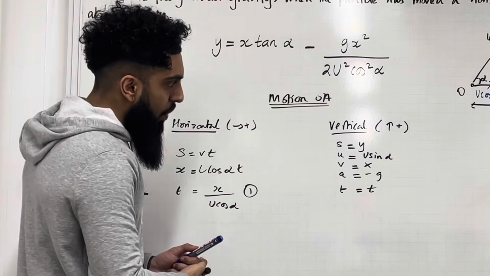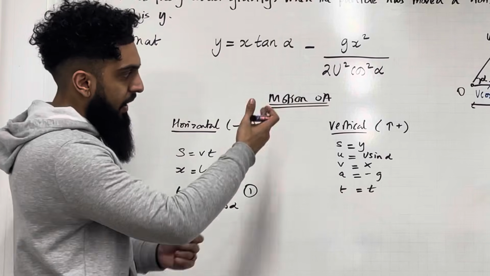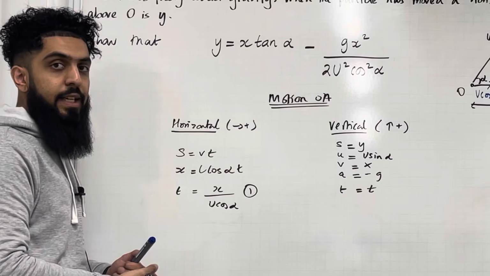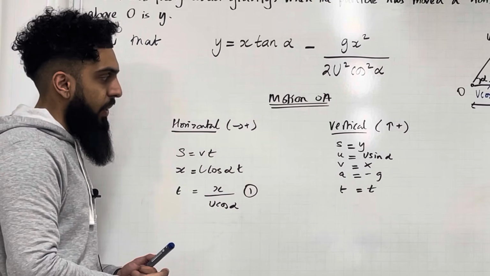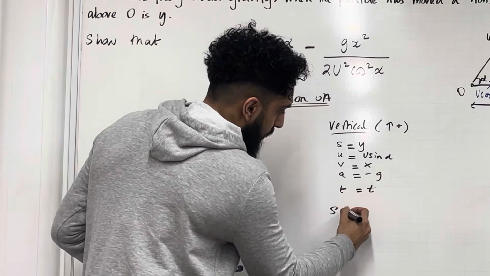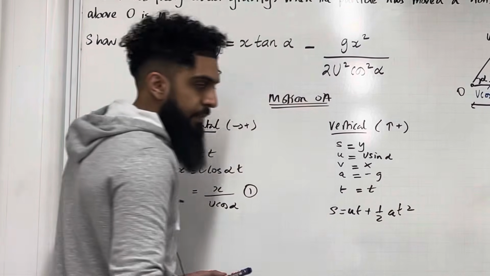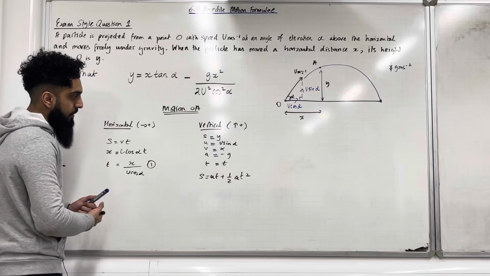Okay, so now we can use the SUVAT formula to plug in these quantities. So the SUVAT formula that I'm going to be using is S equal ut plus a half at squared. Now I can carry out my substitution.